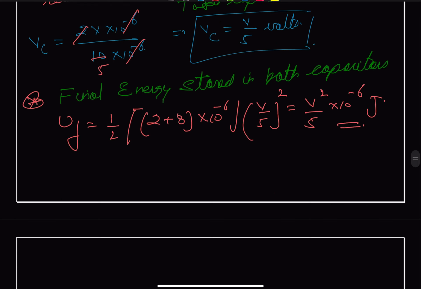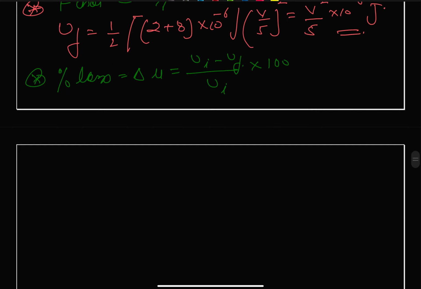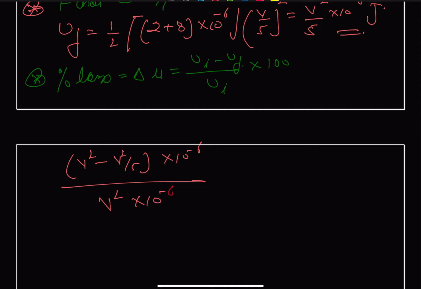Simple now. We need to find out the percentage loss, which will be equal to, let us suppose, delta U over U, that is initial energy minus final energy divided by initial, multiplied by 100. We can just substitute the values. We get V square minus V square upon 5, into 10 to the power minus 6, divided by V square into 10 to the power minus 6.